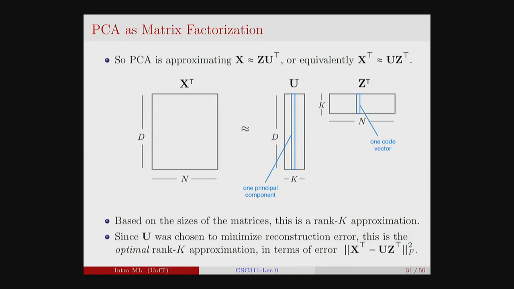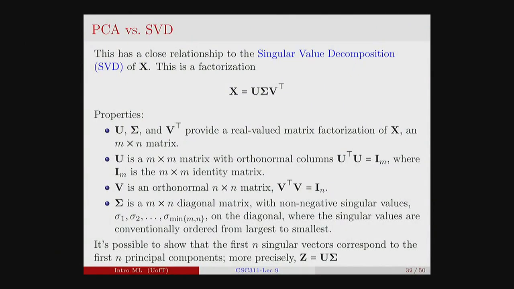This is just restating what we talked about in the previous hour in terms of the problem known as matrix factorization. But PCA is not the only way to factorize a matrix. You can also factorize a matrix using a strategy known as singular value decomposition. And so this has a close relationship to PCA. In SVD, you factorize a matrix as U sigma V transpose.